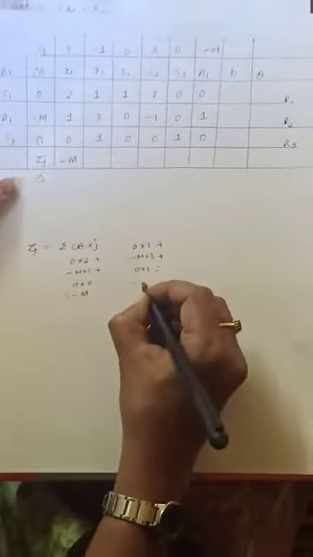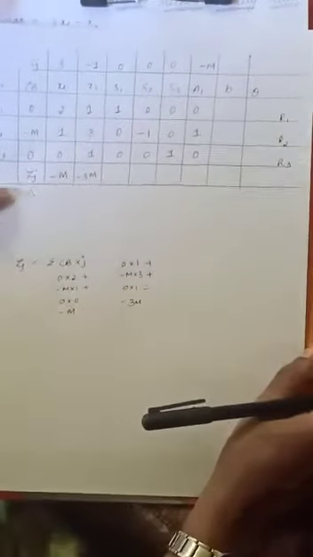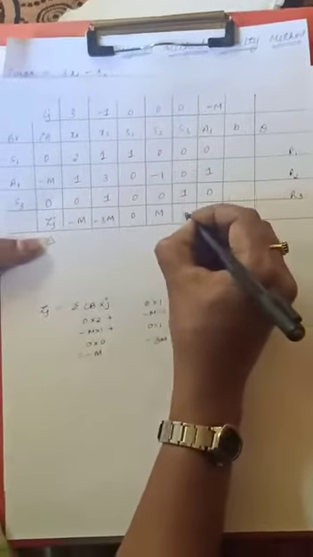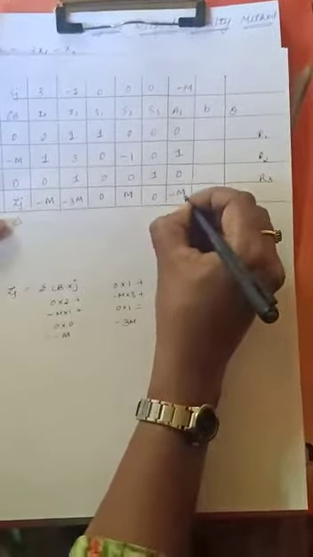So it is nothing but minus 3M. Similarly, I perform the same operation for these particular values. So it is 0 and then it is M, it's 0 and minus M.